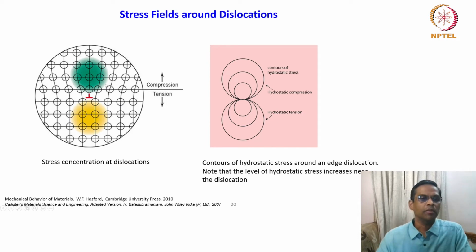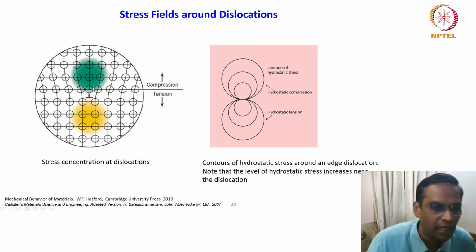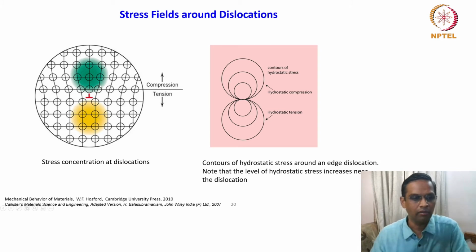Like in the previous slide, this green shade nicely gave some kind of a stress field around the edge dislocation. What you have to appreciate here is that the stress field above the extra half plane is quite different compared to the bottom of the edge dislocation.